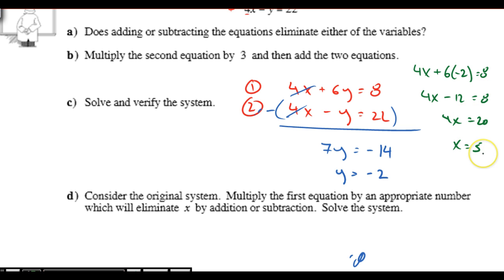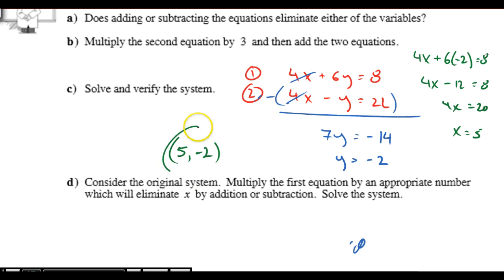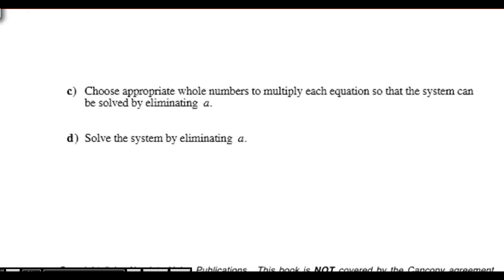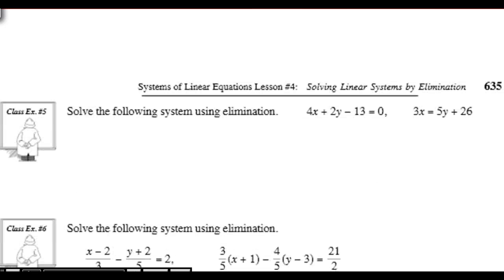So there's my solution, and you can write it as an ordered pair here: 5 comma negative 2. Visually on the graph, when you graph both of these equations, this is the coordinate where these two lines are going to intersect. Okay, now let's go ahead and do one more example here, a couple more actually.